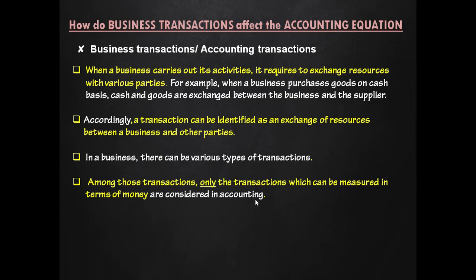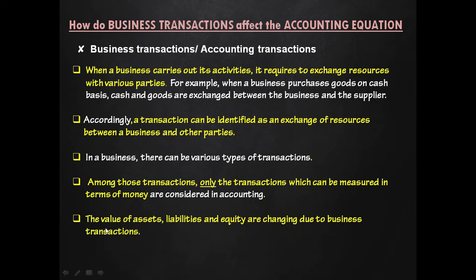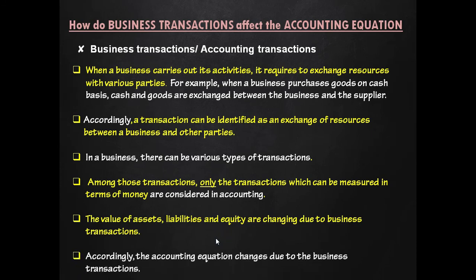Okay, you have to keep that in mind. The values of assets, liabilities, and equity change due to business transactions. Accordingly, the accounting equation changes due to the business transactions.